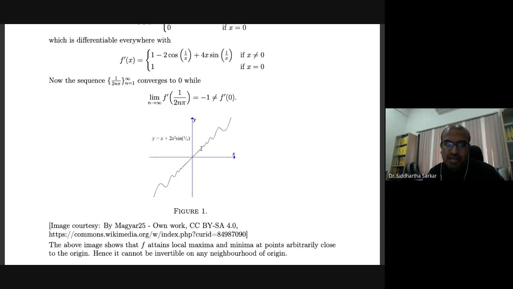Even if you try to zoom in around the origin, the oscillation keeps on happening in the close proximity of (0, 0).